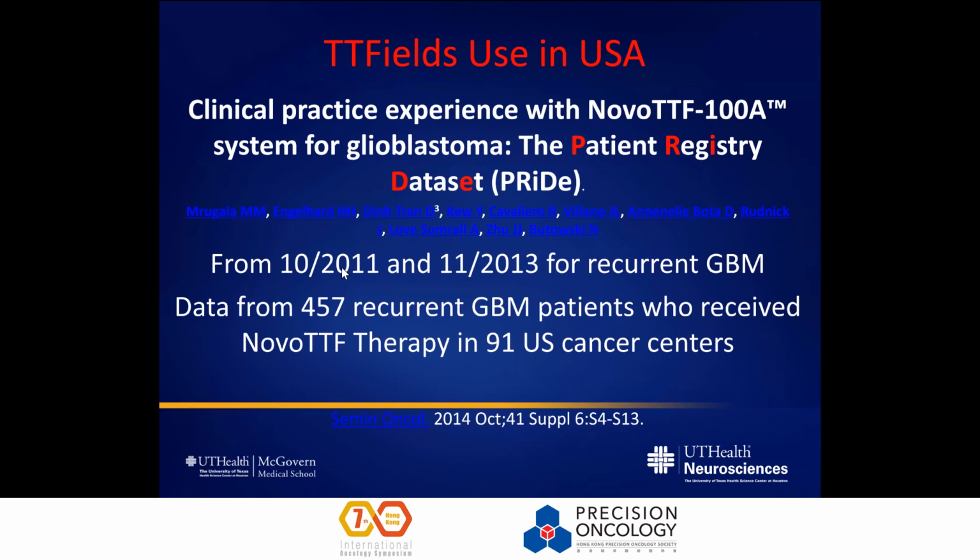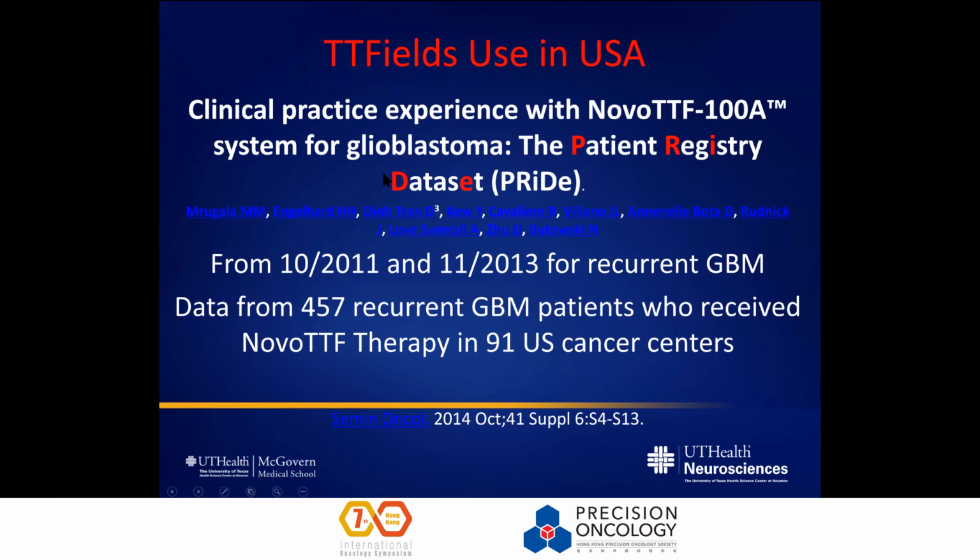Novocure did not register all the patients until October 2011. They registered all the patients that started using the device, about 457 patients. Patients had to use Optune either alone or with any chemotherapy the treating physician chose. It spans 91 US cancer centers.